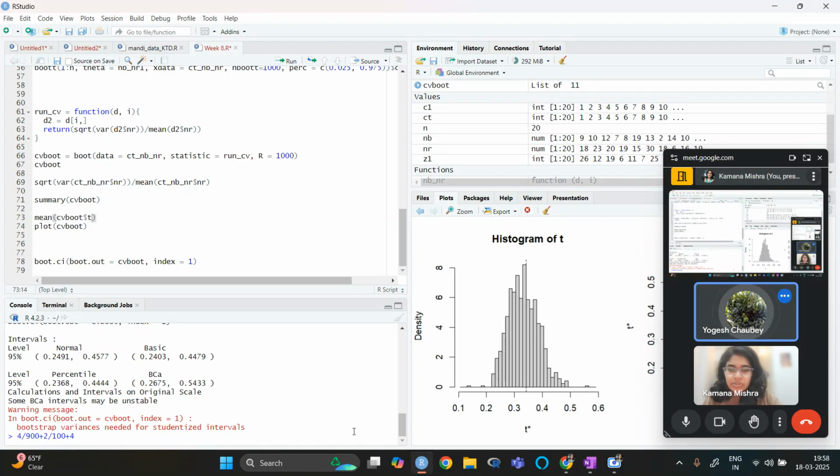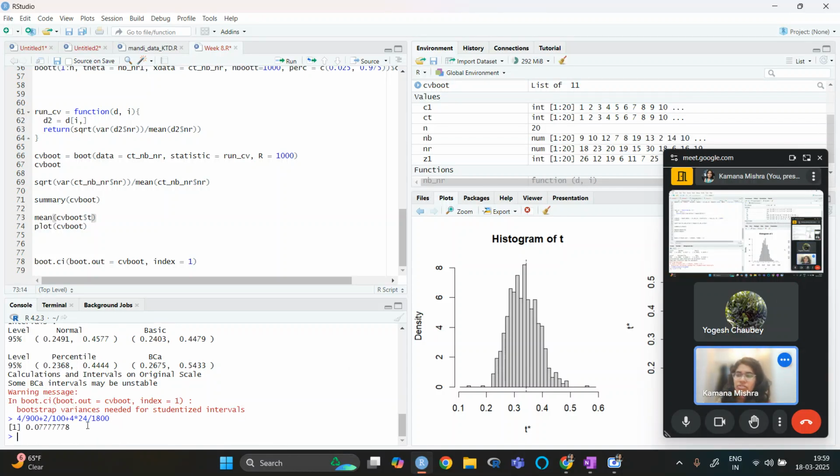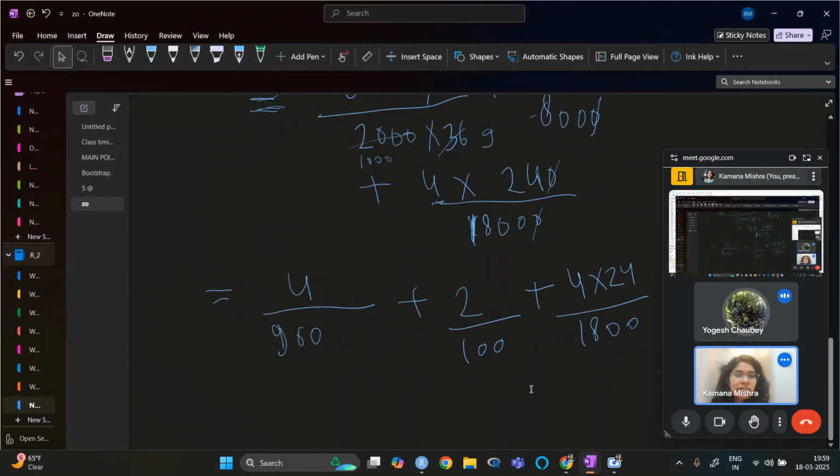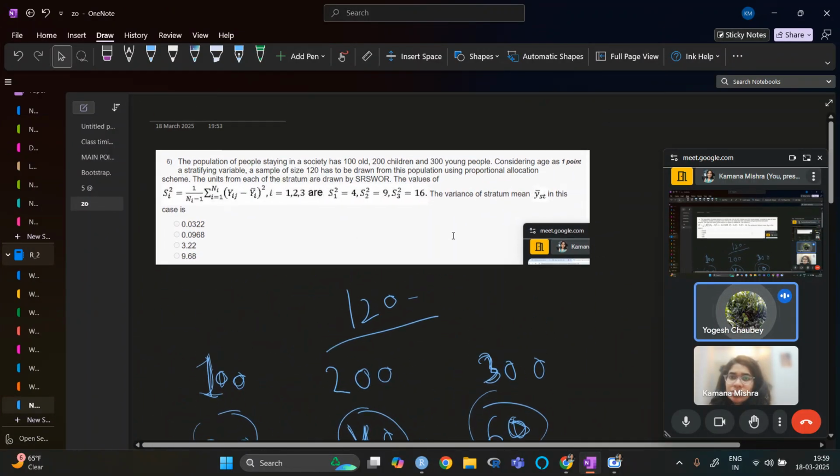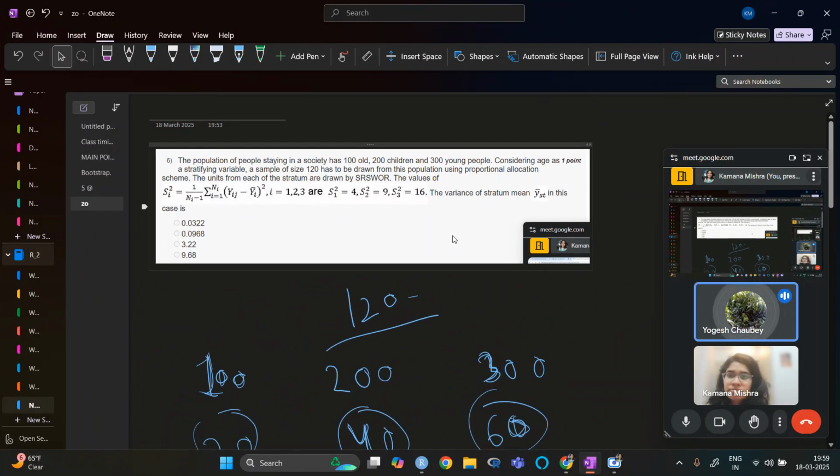So it is coming to 0.0778. This was the answer actually. I tried through R also, and the answer was the same, 0.077.